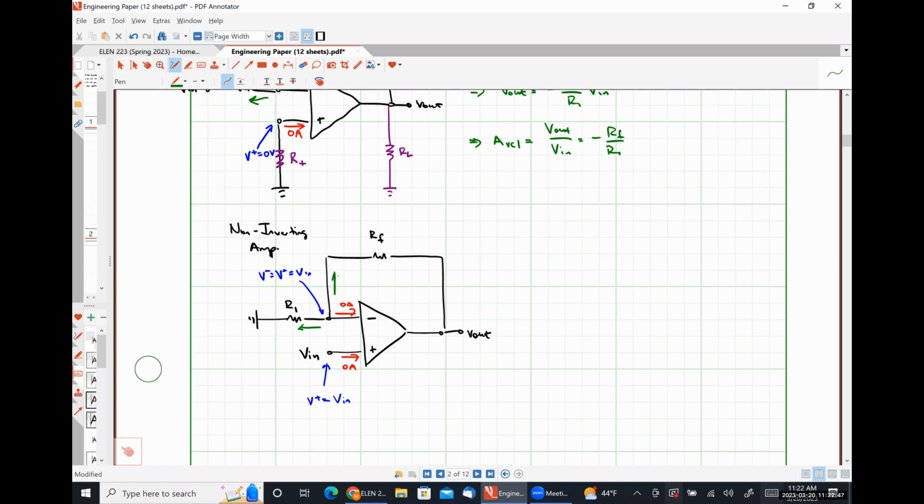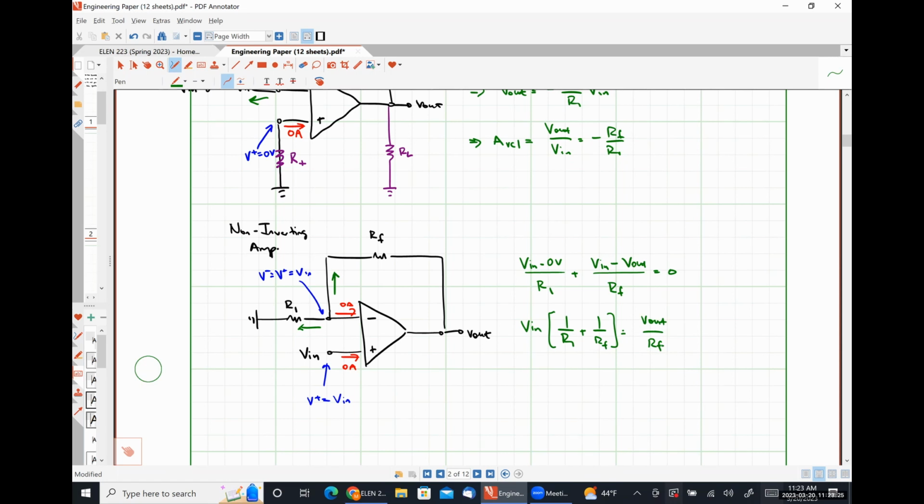Performing Kirchhoff's current law gives us (Vn minus 0 volts) over R1 plus (Vn minus Vout) over RF is equal to 0. So this looks like Vn times (1 over R1 plus 1 over RF) is equal to Vout over RF.